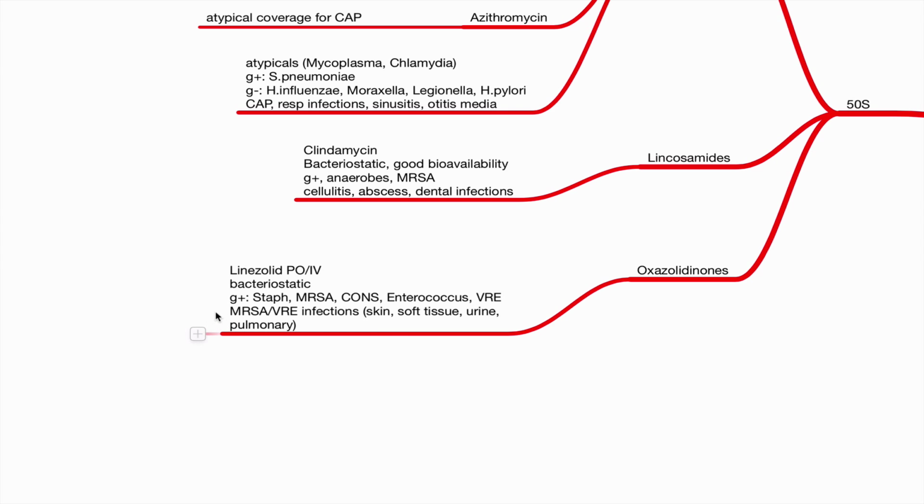We often will use it for MRSA and VRE infections, like skin, soft tissue, urinary infections, and pulmonary infections. However, a common side effect with linezolid is actually some bone marrow suppression. You do have to monitor their blood work while they're on this medication, and it often is limited to infectious disease use only.